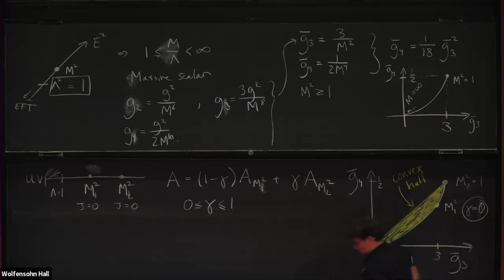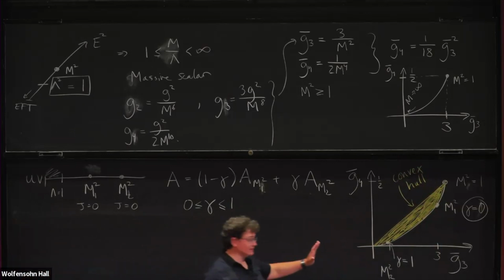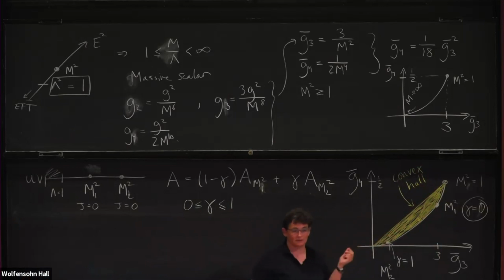That word is not so important unless you're a mathematician, I guess. But anyway, you can trace out this entire region. So anything in there, we would not be able to rule out as a sensible UV theory. That doesn't mean that anything outside it is bad, but at least everything inside there would have, for this particular set of 2 couplings, some UV realization.